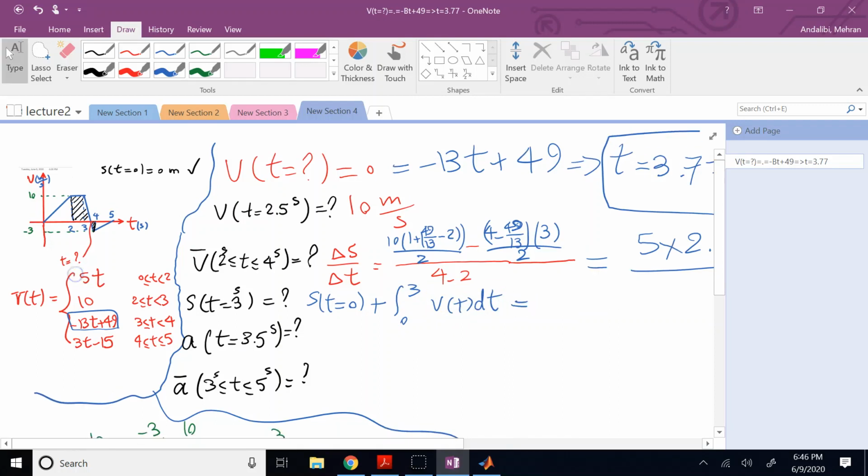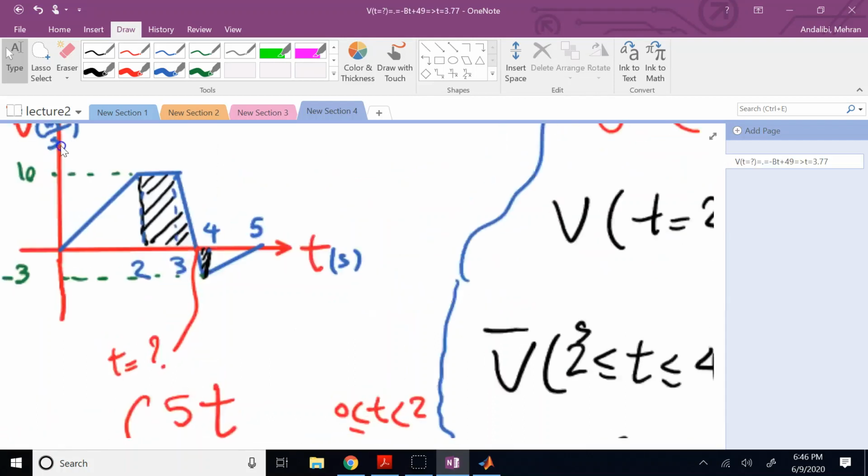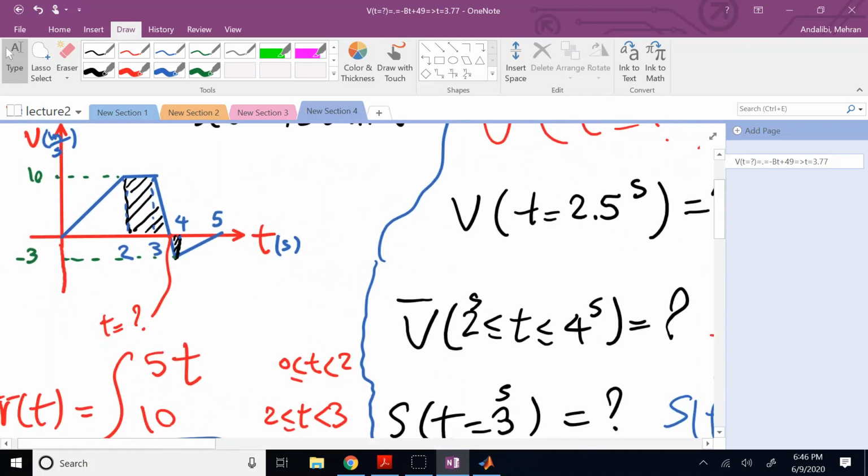Now s at time 0 is 0, it's given. So the integral of v dt between 0 to 3 is simply what? Yes, area under the curve of vt between 0 to 3. So it's this green area, and it is a simple trapezoid.